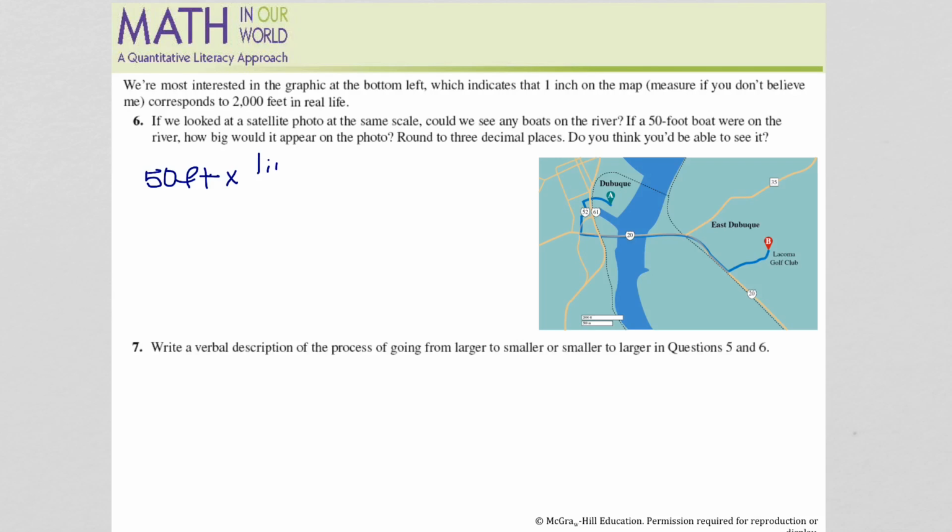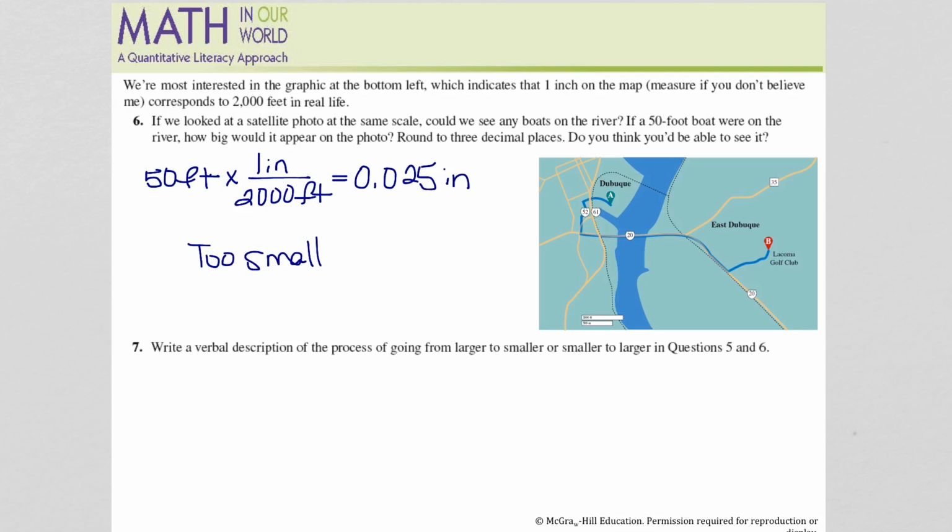So we're multiplying by 1 inch over 2,000 feet, because we're getting smaller. And that'd be 0.025 inches. So, yeah, it's probably too small for us to see on the picture.